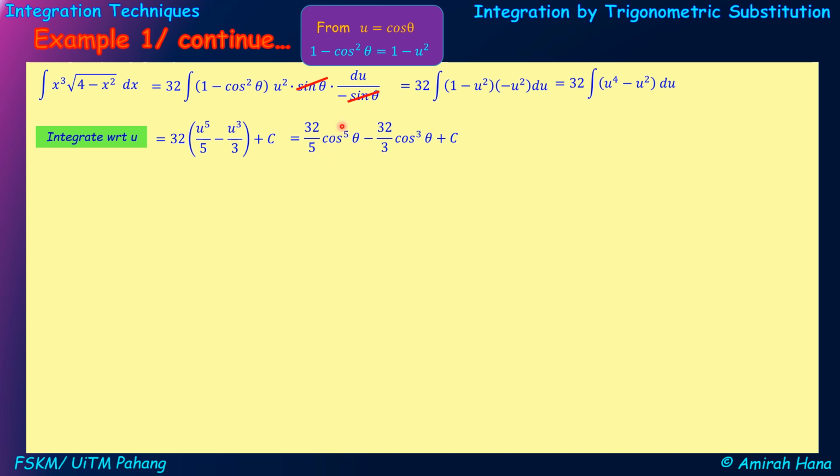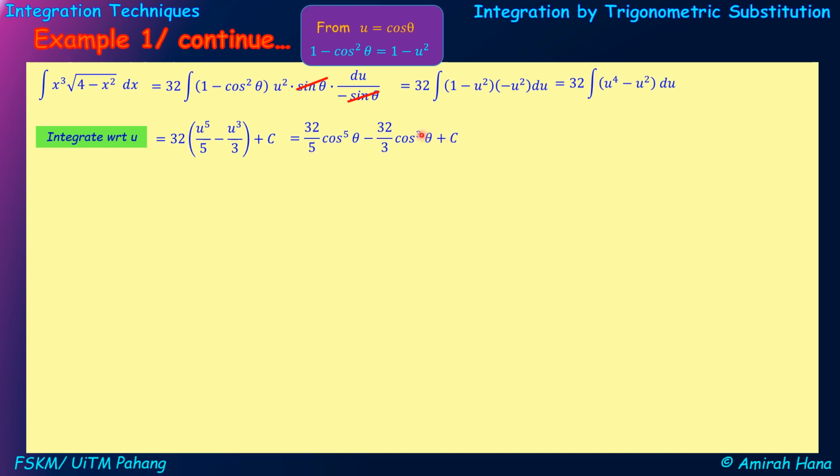Cos to the power of 5 theta means cos theta bracket to the power of 5. Alright, and then minus 32 over 3. And we replace u with cos theta, so we get cos cubed theta. And then plus c. Right?